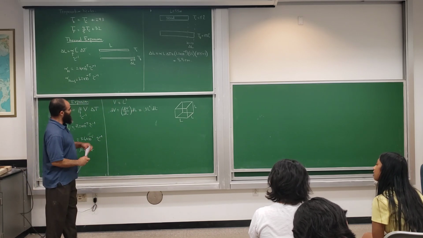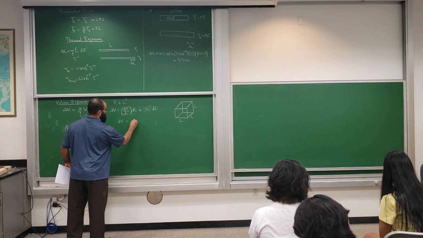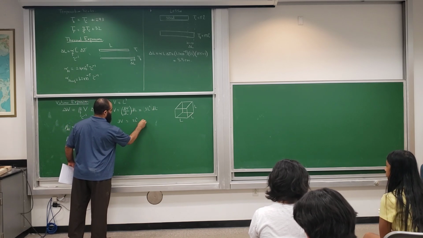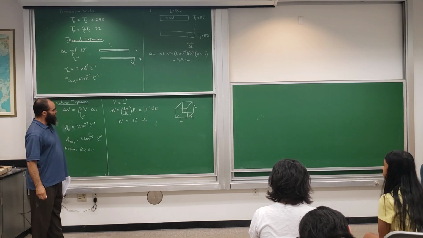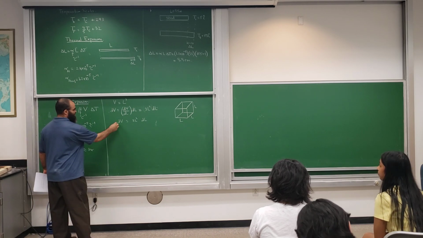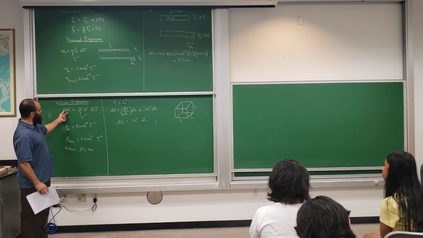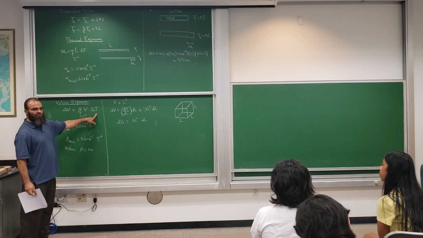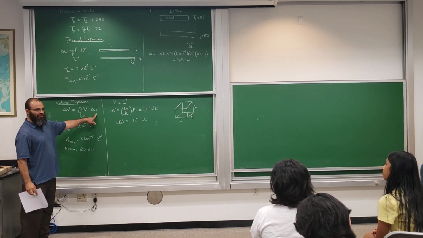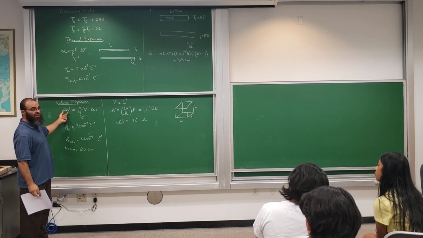So let me just write the next one. By thermal expansion for the volume, a small increase in volume dV would be beta V dT. This one is a finite change. If it's an infinitesimal change, I would call it dV.